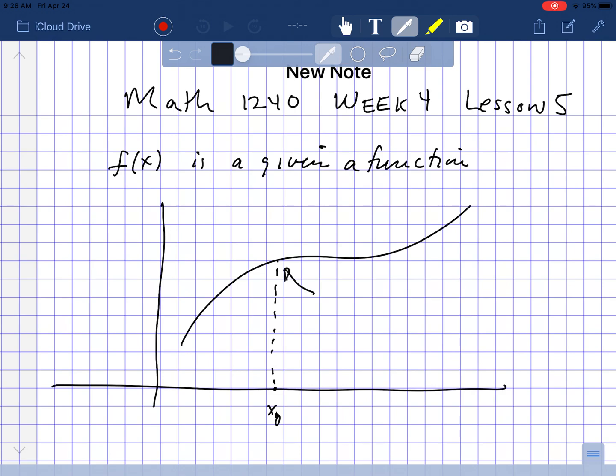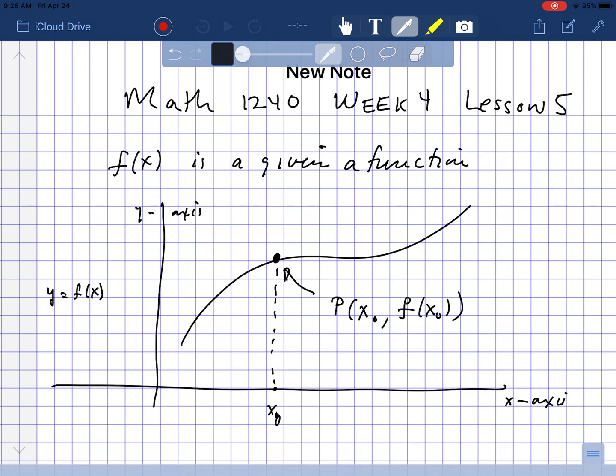I'll call this point here P, and it has the coordinates x sub naught, f of x sub naught. Here's my x-axis. This is my y-axis. And we know that y is equal to f of x. And here's our point P on the curve, okay?